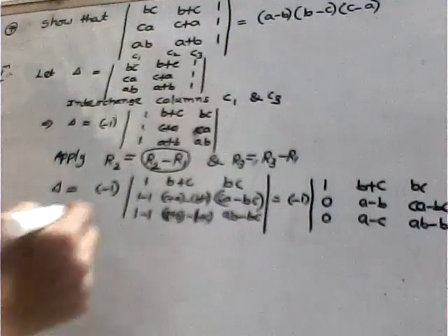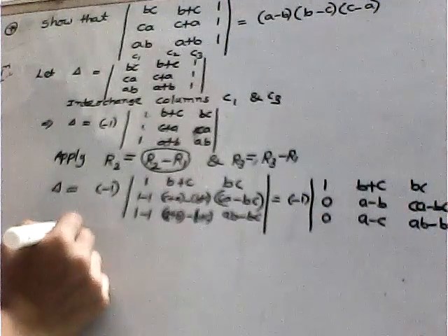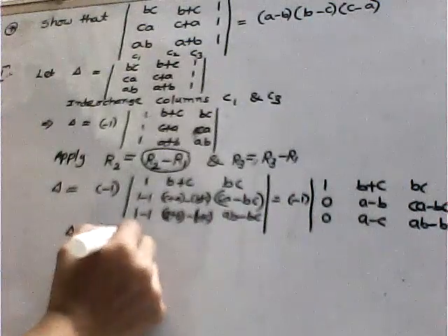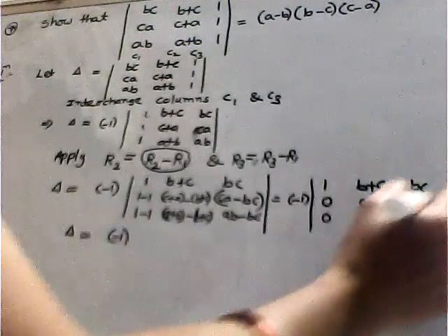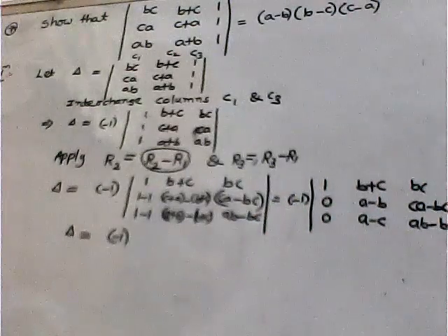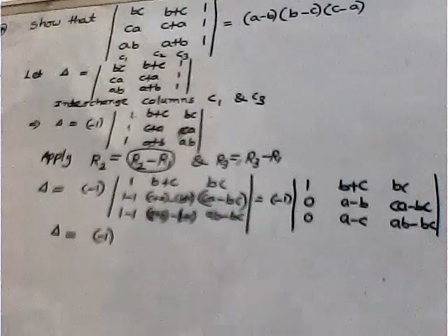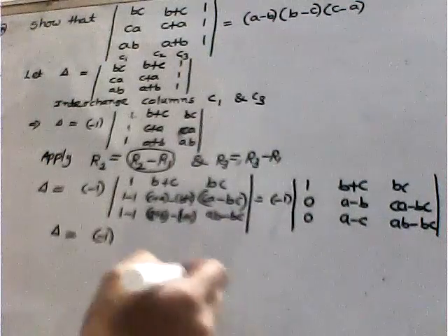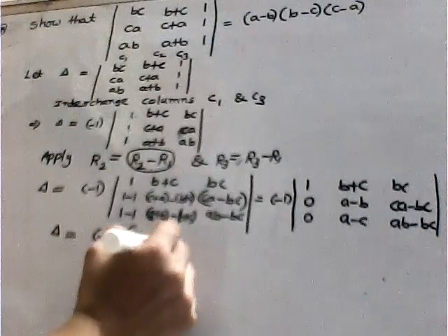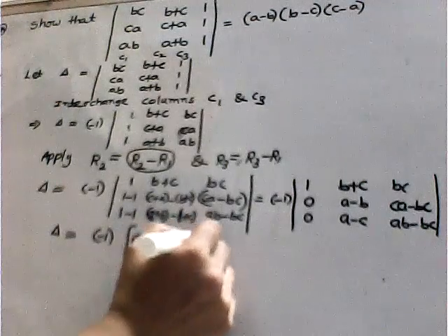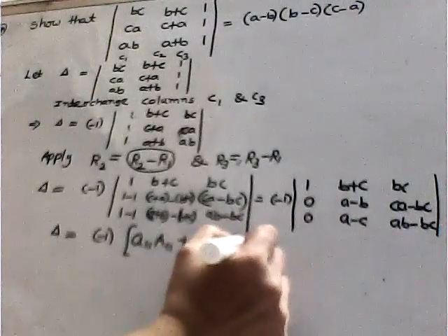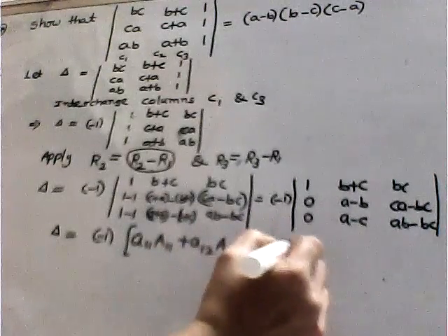Next, delta equals minus 1 into this determinant, which we now evaluate. We can find it by expansion by the first row. The formula is A11 into capital A11, plus A12 into capital A12, plus A13 into capital A13.